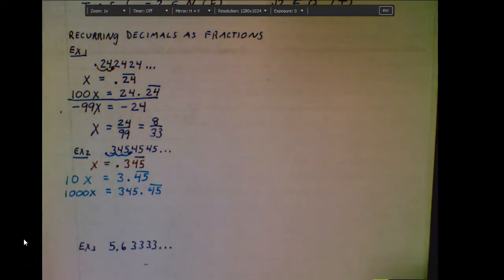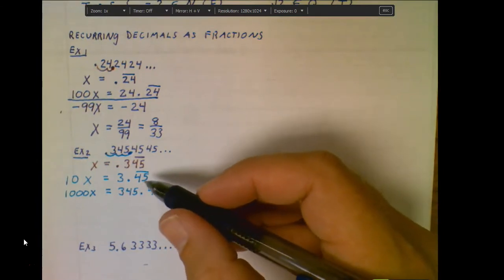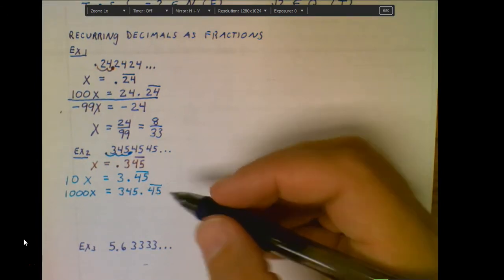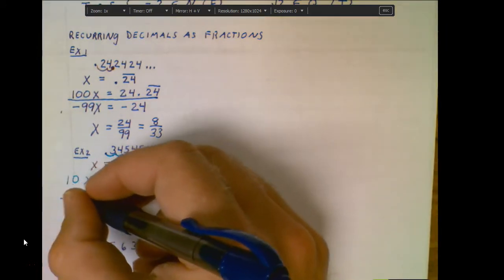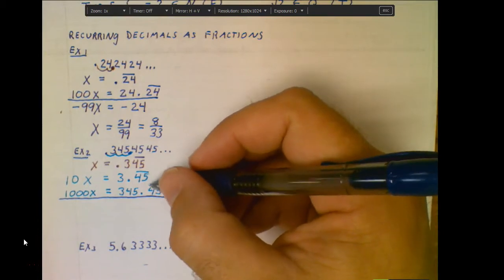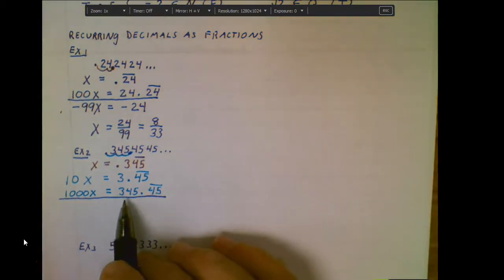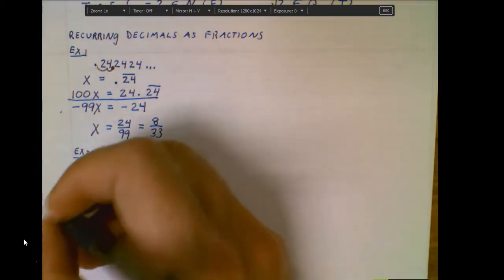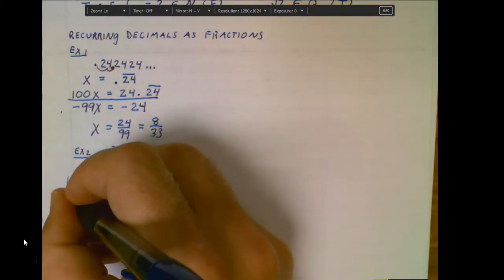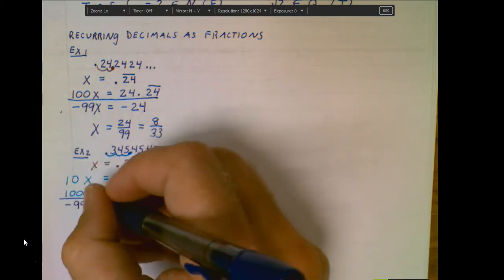So with those 2 light blue equations that you see, we created 2 equations where I have only repetition to the right of the decimal. So now when I go ahead and subtract those, the repetition can cancel, and I'm left with nothing but integers, which is what we're looking for. So if I subtract straight down, I've got negative 990x on the left.